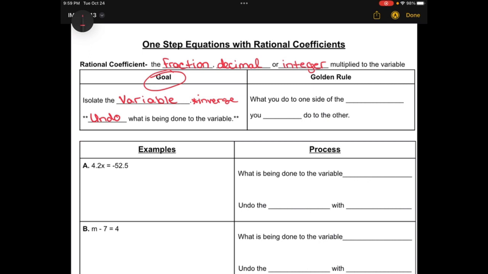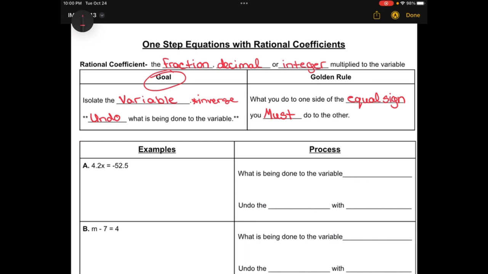The golden rule here, when you are solving one-step equations, is what you do to one side of the equal sign, you must do to the other. Remember, your goal is to get the variable by itself.